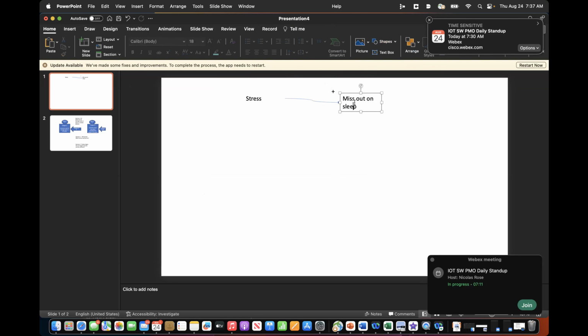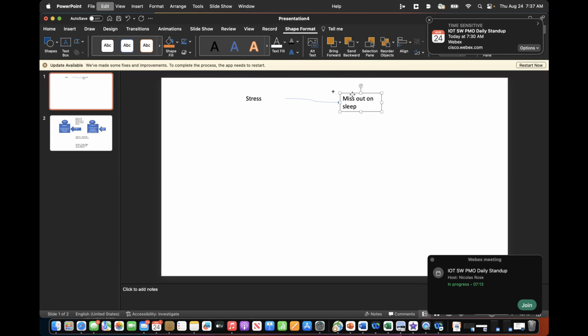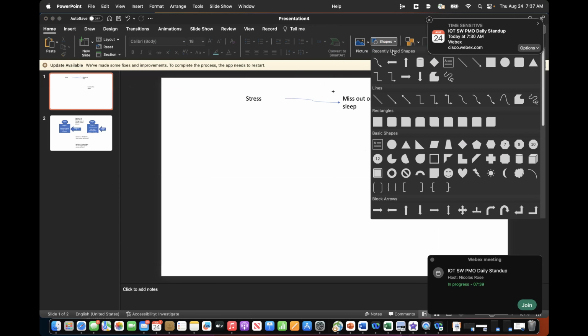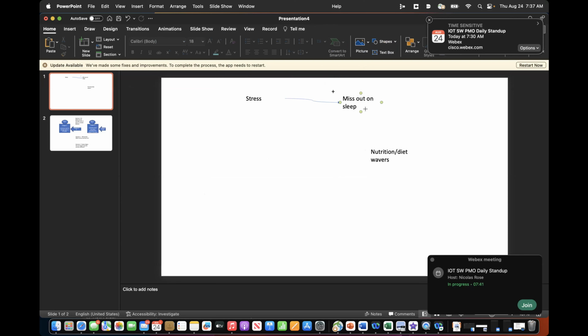And when I miss out on sleep, what tends to happen is I don't have the willpower to stick to my diet. So nutrition, diet, wavers, right? And it's a positive relationship here. Like the more sleep I lack, the worse my diet is, right?